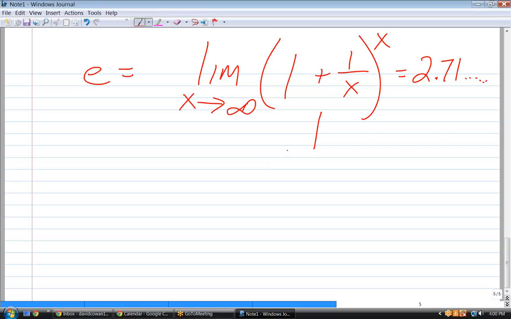And like I said, 1 to infinity would be 1. But 1 and any additional amount to infinity is going to go to infinity. So what happens to this peculiar beast? Well, it goes to exactly 2.711 or whatever the numbers after 71 are. In other words, it doesn't go to 1 and it doesn't go to infinity. It goes to this very special number.